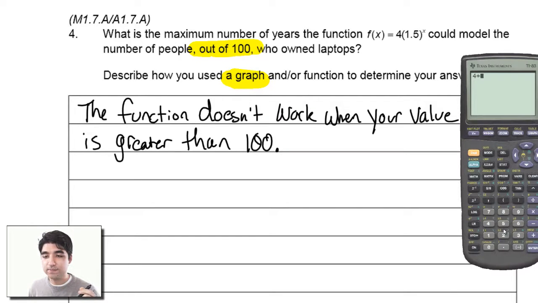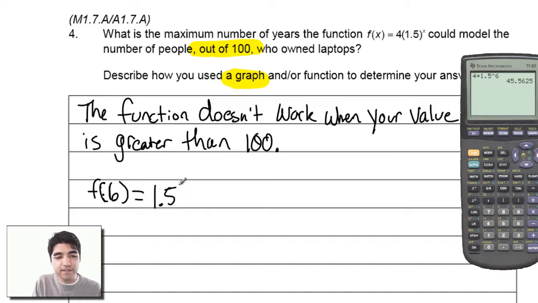So 4 times 1.5 to the 6 power equals, let's see, f of, oh my gosh, I hate when this thing messes up. F of 6, there we go.